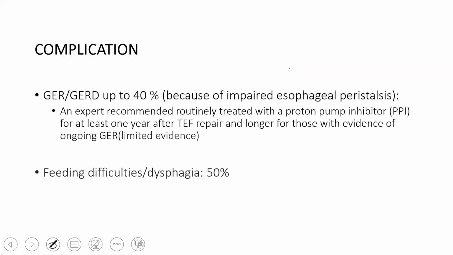Regarding complications, up to 40% might have GERD, or gastric reflux disease. Most of the experts or surgeons recommend starting proton pump inhibitors immediately to prevent the acid going up and irritating the esophagus, for at least 1 month, 1 year, sorry.